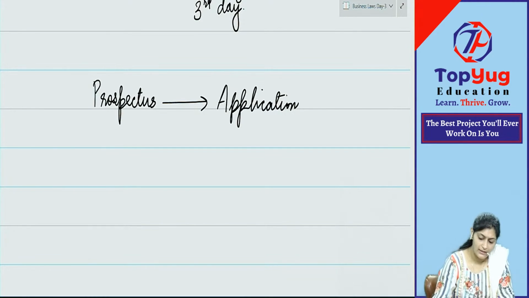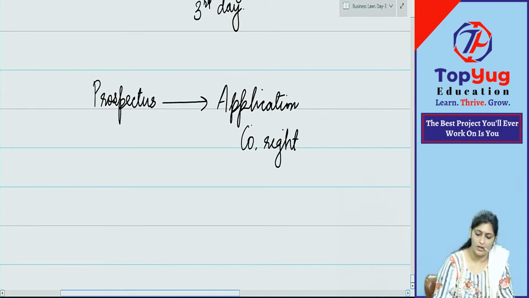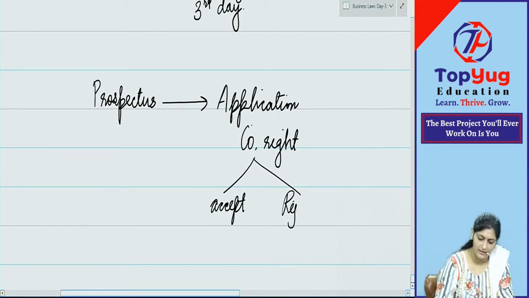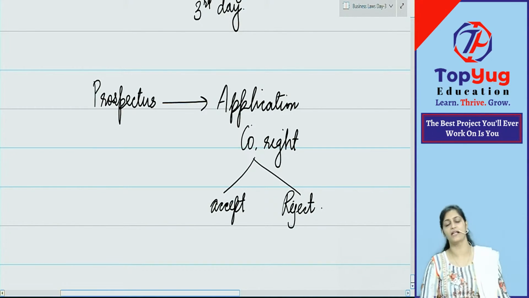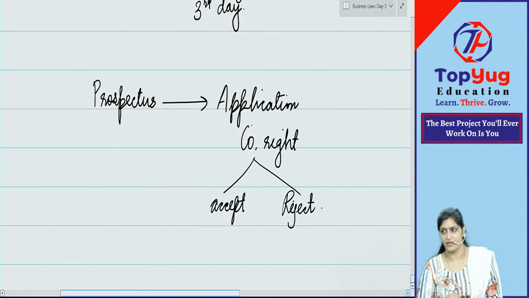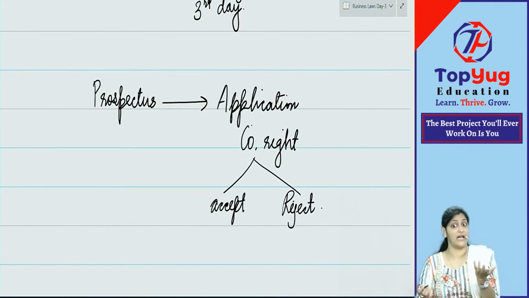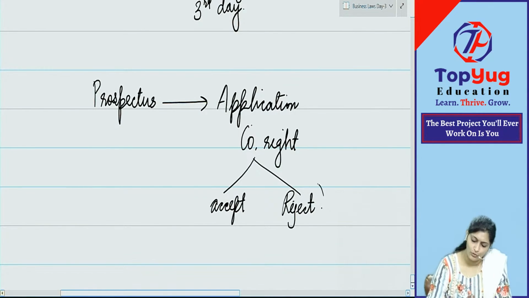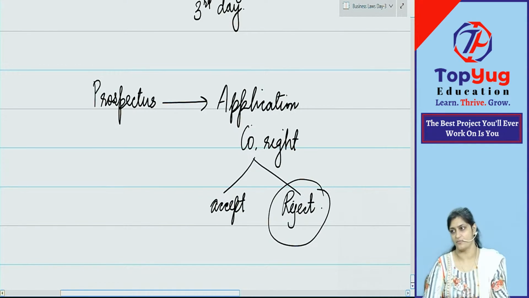Now the company has the right to either accept the application or reject the application. Sometimes what happens? They need only 5 lakh rupees, but for such a good company they will get applications for 10 lakh rupees. Can they give shares to everybody? No. They will have to reject some applications.